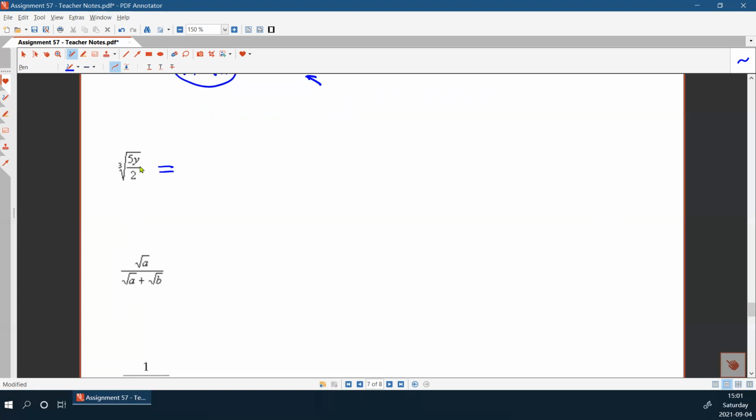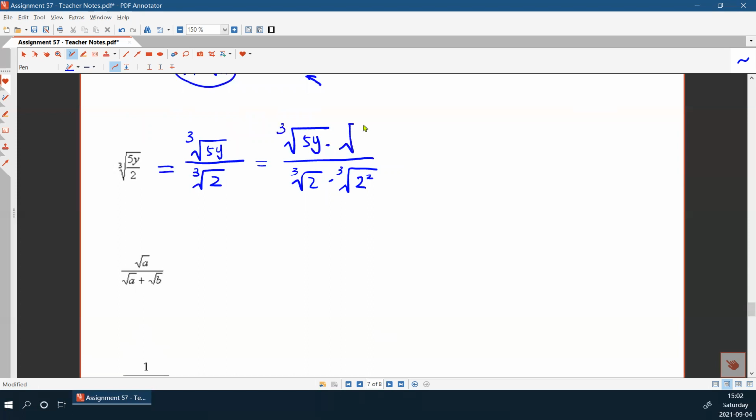Okay. And next one. So note this ratio is equal to cube root of 5y over cube root of 2, right? So in order to remove the cube root here, you need to multiply by the cube root of 2 to the power of 2, right? And remember to multiply the same number to the numerator.